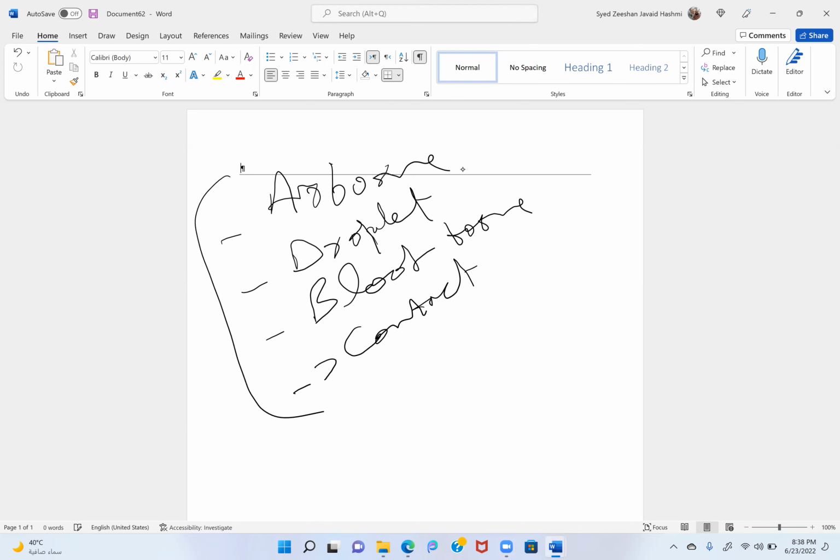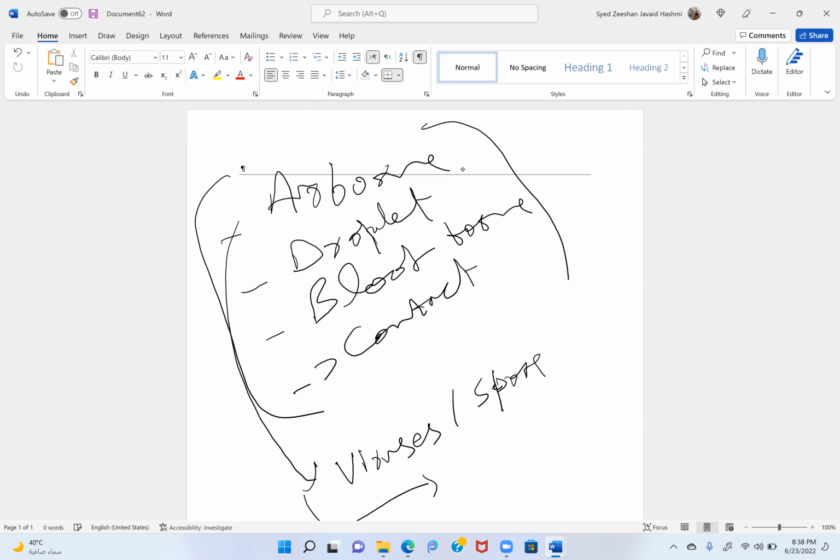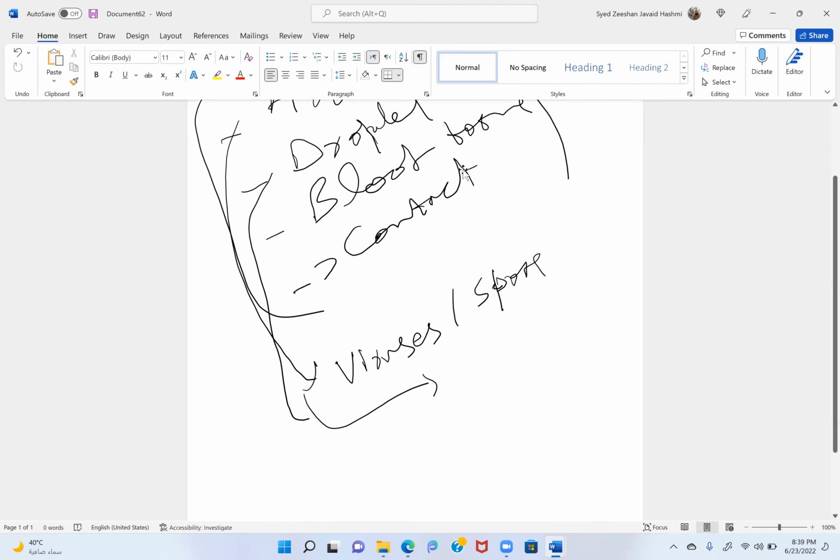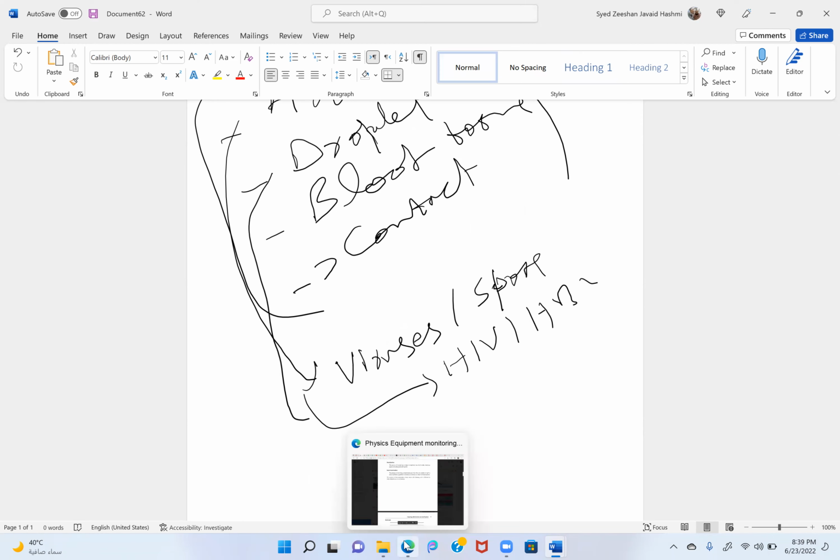Just some examples. Airborne are viruses, spores of different things, fungi, even bacteria. Droplet: again, all these things can be droplet-borne also. Viruses and spores. Bloodborne: HIV, hepatitis B. Any viral infection can transmit.